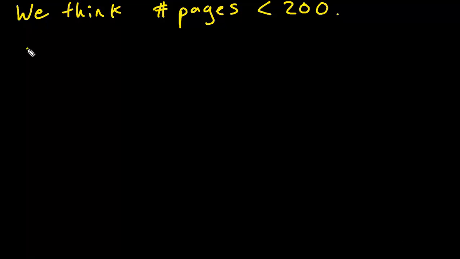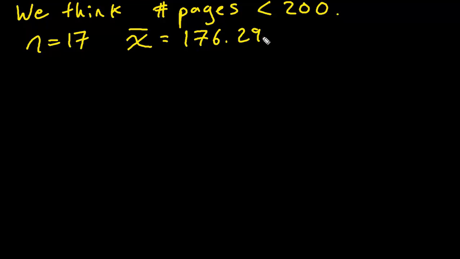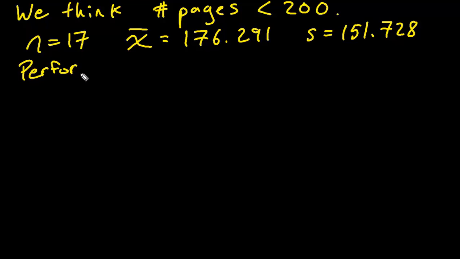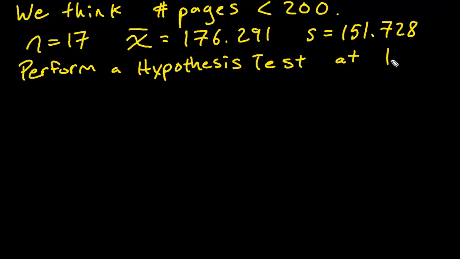And so we go and grab 17 books off of our bookshelf, and we look and see how many pages there are, and we come up with an average of 176.291 with a standard deviation of 151.728. And we want to perform a hypothesis test at the 1% level.